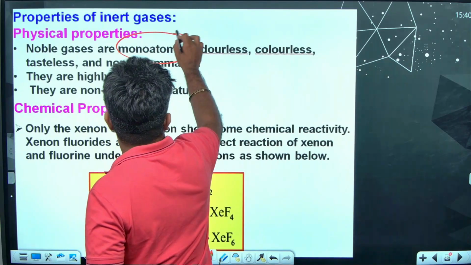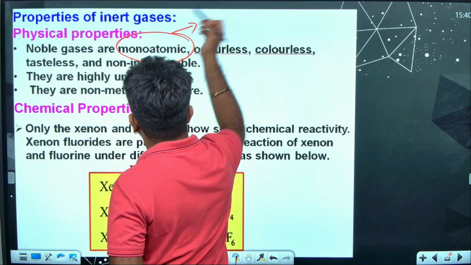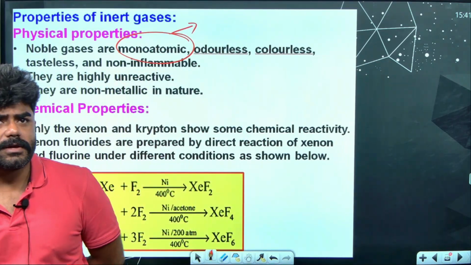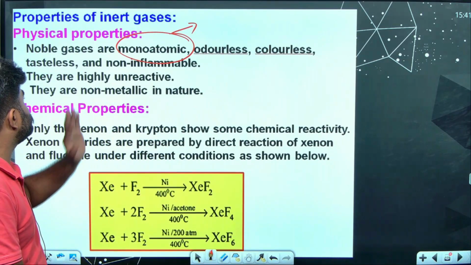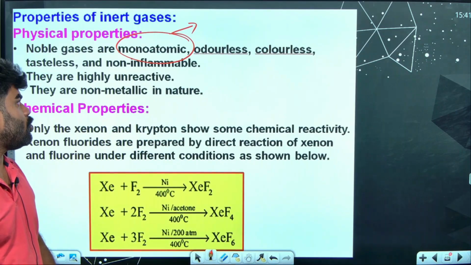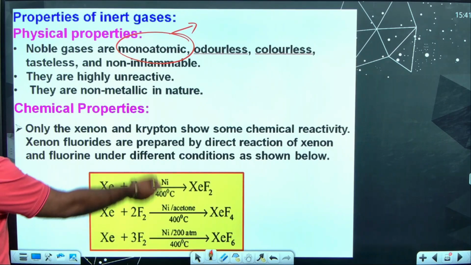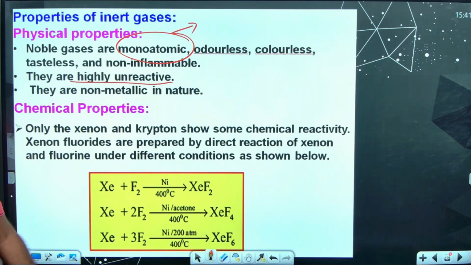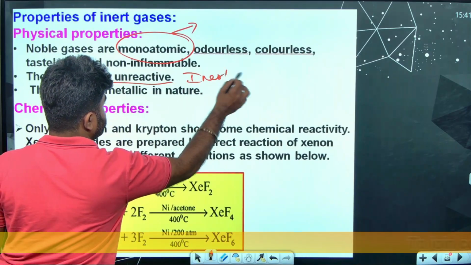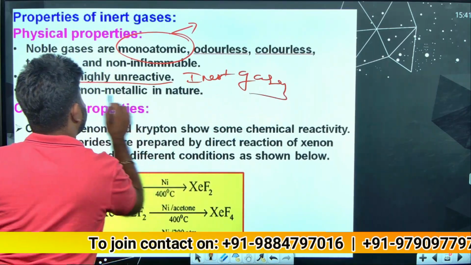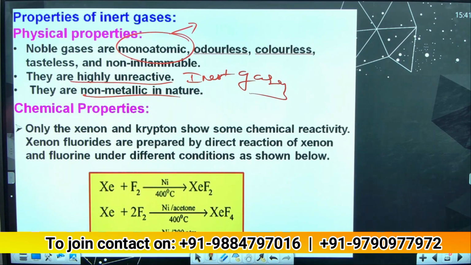That means they do not form a bond with another atom. That's called a monoatomic gas, and it is odorless, colorless and tasteless. It is also non-inflammable and they are highly unreactive. That is why they are called inert gases. And they have non-metallic nature.